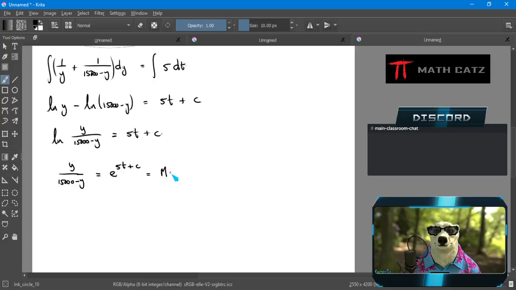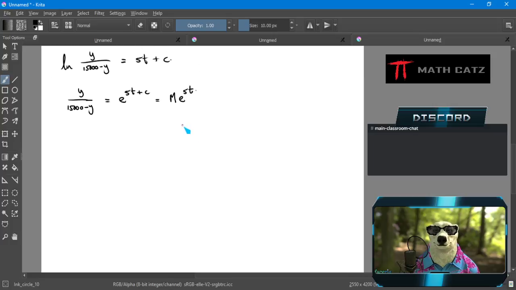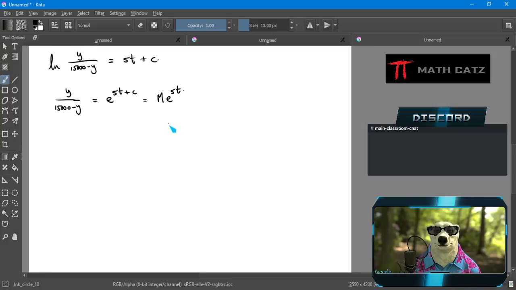I'm going to go for a more convenient integration constant. And at this stage, it might be handy to, before I bother solving for y, use my initial value to find this integration constant.